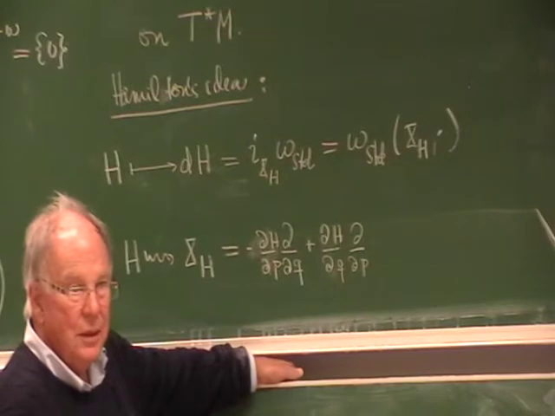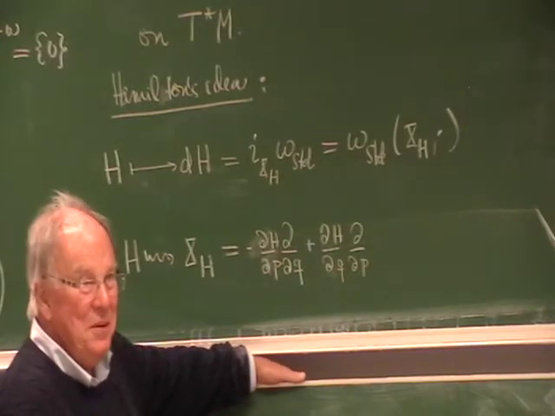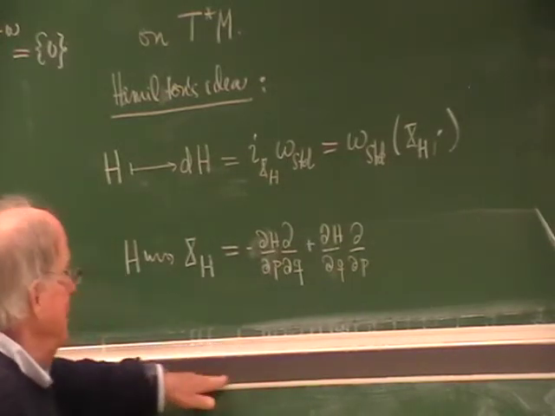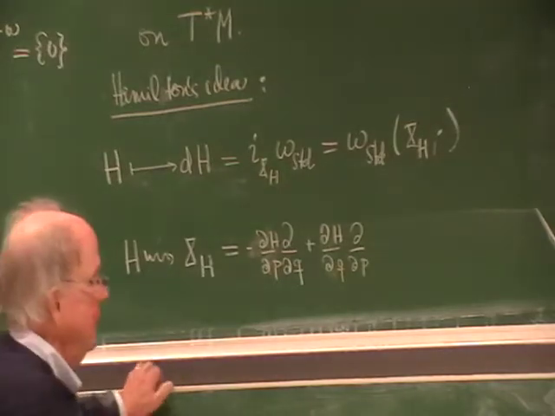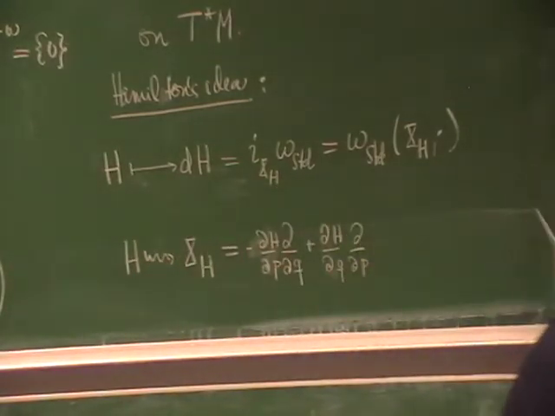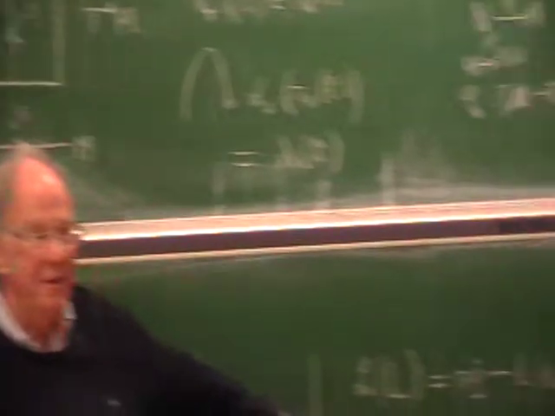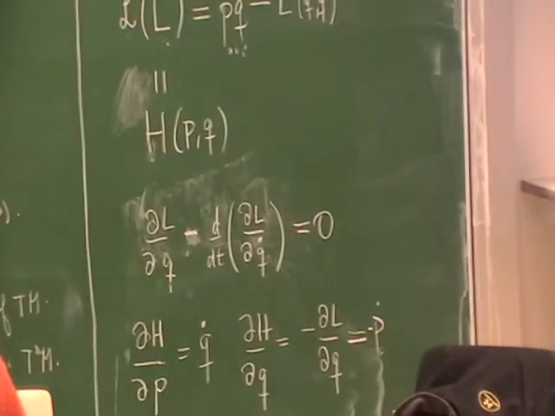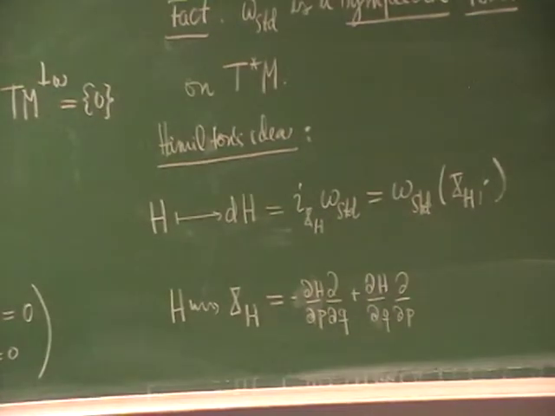Okay. So you see that in fact our vector field that we have here is a Hamiltonian field for some Hamiltonian function on, well, we know what it is. So this is the Hamiltonian mechanics picture.